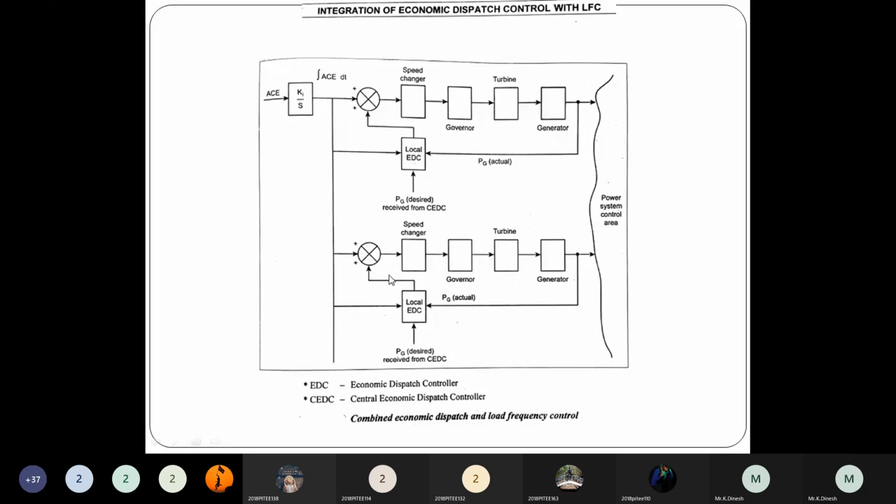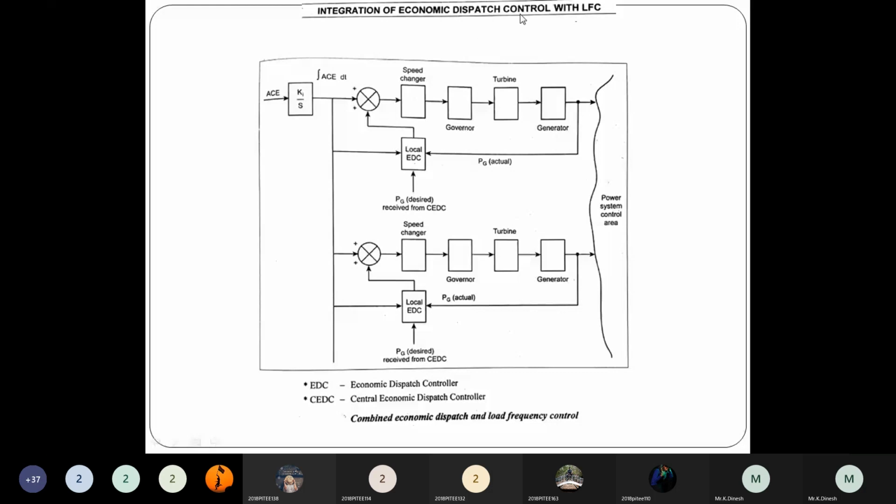It is a microcontroller based process. And CEDC is nothing but your central economic dispatch. So whether the desired generation power is achieved or not, we check here. If it is not achieved, we do the error correcting process again and again in order to ensure the optimal power flow solution.